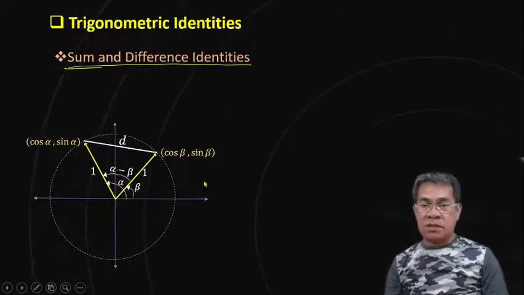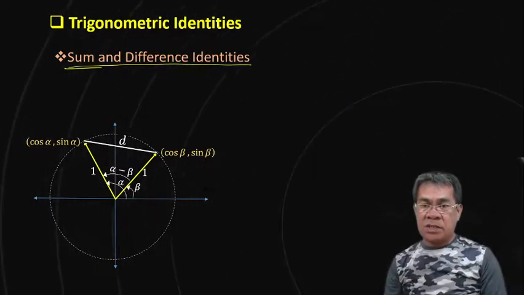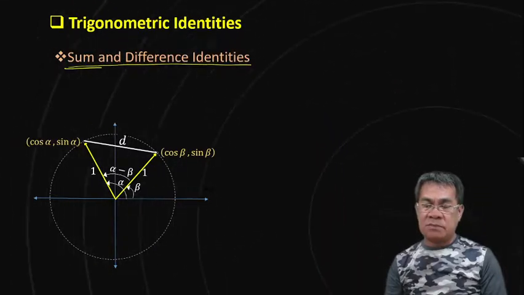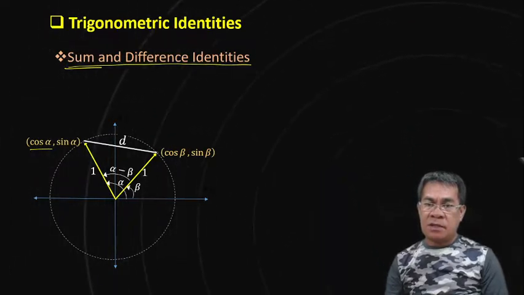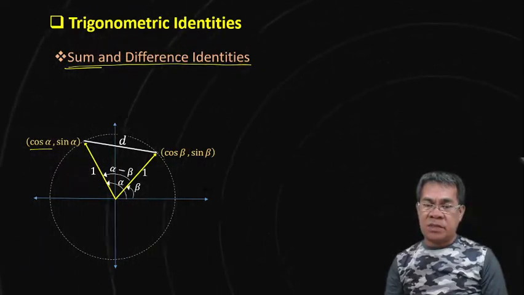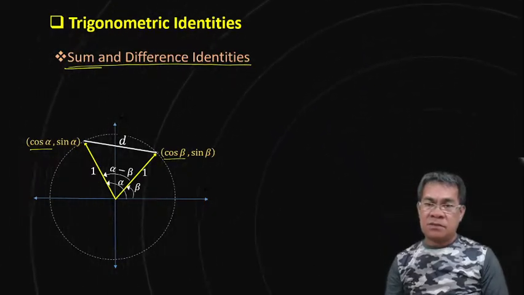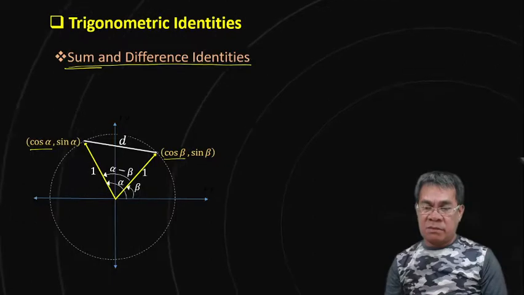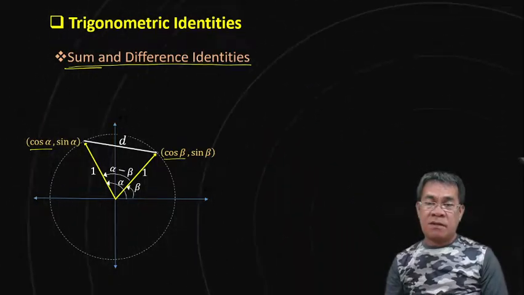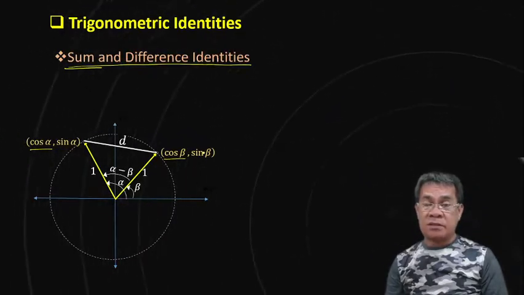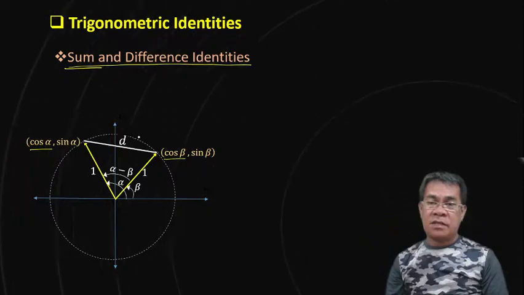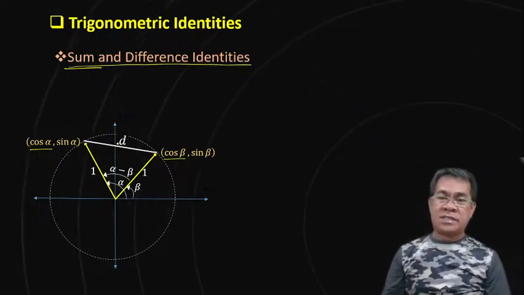If you want to calculate this distance, it's just equal to the square root of the square of x minus x1, if this is x1, you subtract it with x2, then square it. Then it is added to the sine of alpha minus the sine of beta, then square it. If you take the square root of that, the answer is the distance between 2 points.